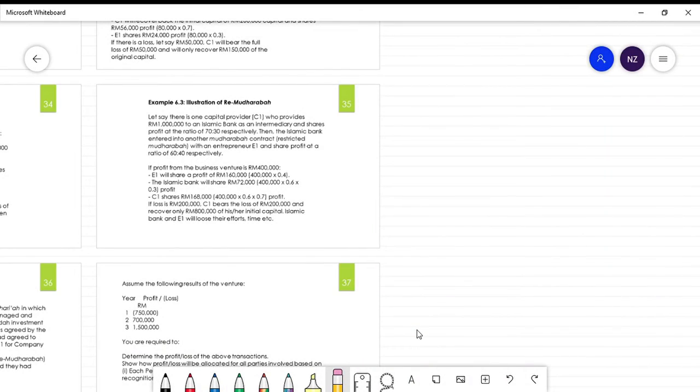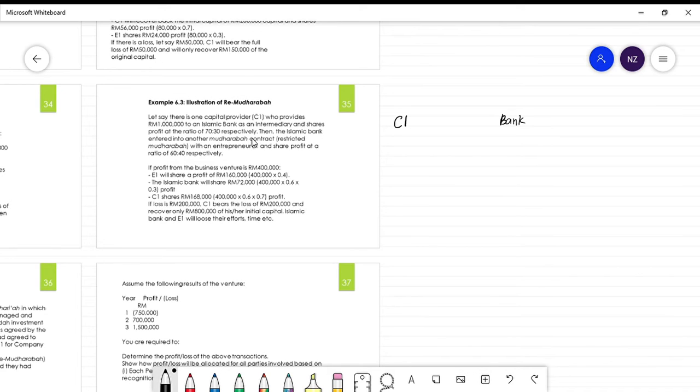Okay, we read the question for re-mudharabah. Let's say there is one capital provider, called C1, who provides 1 million to an Islamic bank as an intermediary and shares profit at the ratio of 70-30 respectively. As I said, read first, then we write down the key points. From the question, we have C1 who provides capital to the Islamic bank.